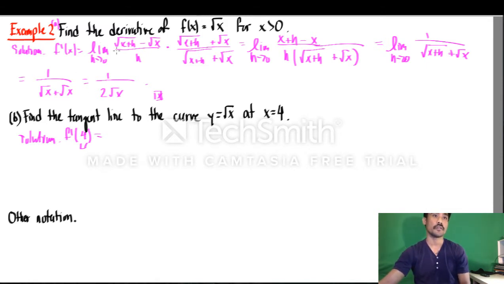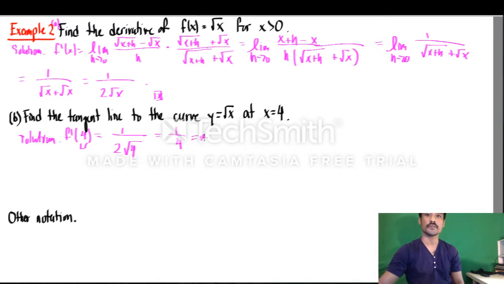It is the limit of the difference quotient, which we said to be 1 over 2 times root x, which is 1 over 2 times 2, which is 1/4. So this is the slope of the function evaluated at the point x equals 4.